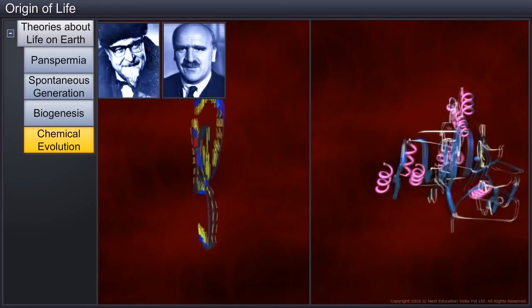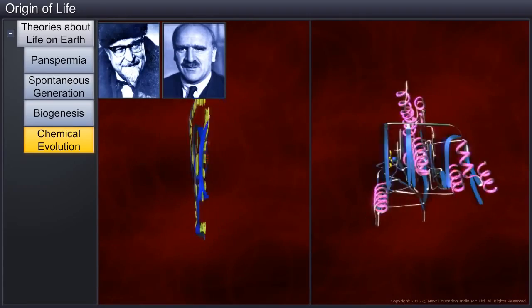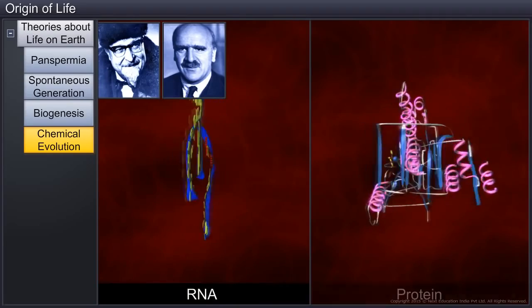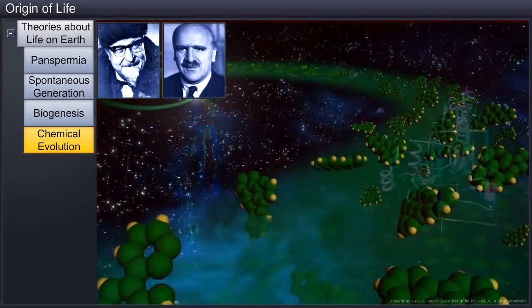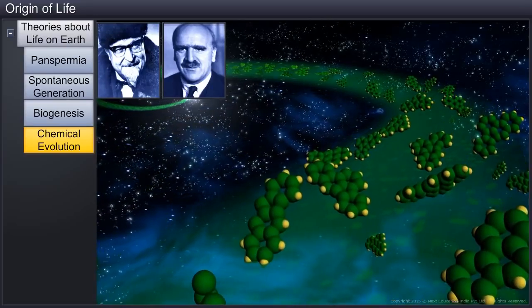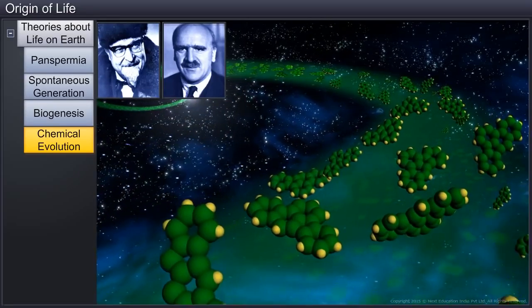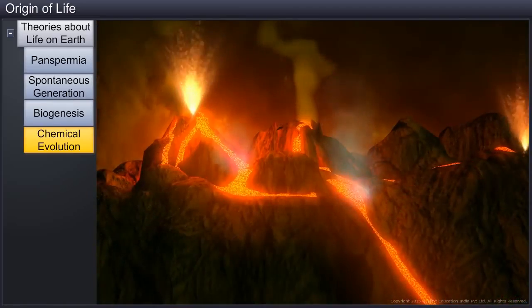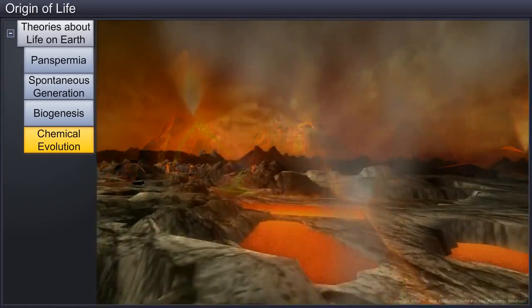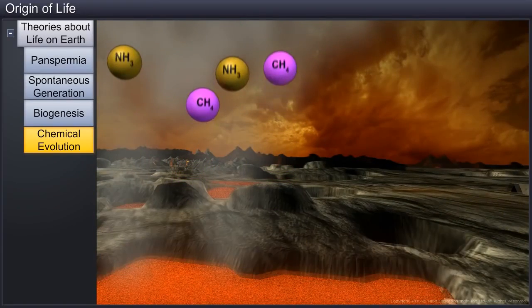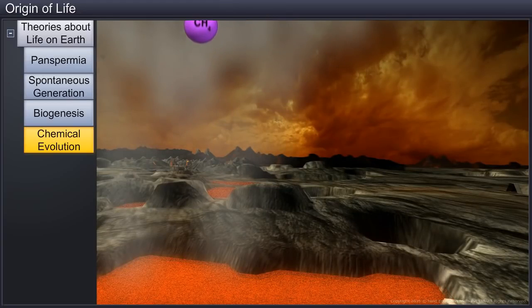They proposed that the first form of life originated from pre-existing non-living organic molecules such as RNA and protein. They also pointed out that the birth of life was preceded by chemical evolution or the formation of diverse organic molecules from inorganic constituents. When the Earth was created, the conditions were high temperature, volcanic storms, and reducing atmosphere consisting of methane and ammonia.